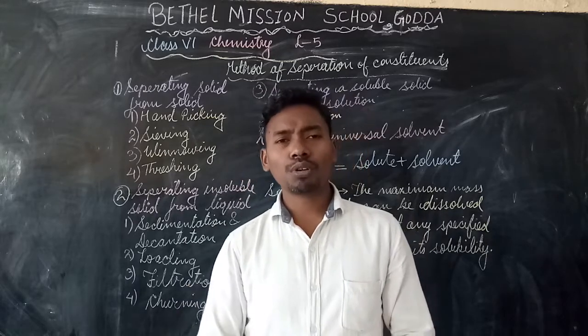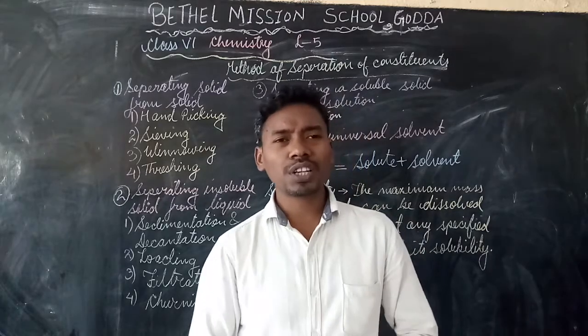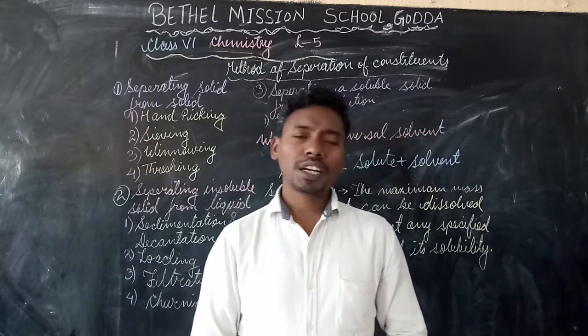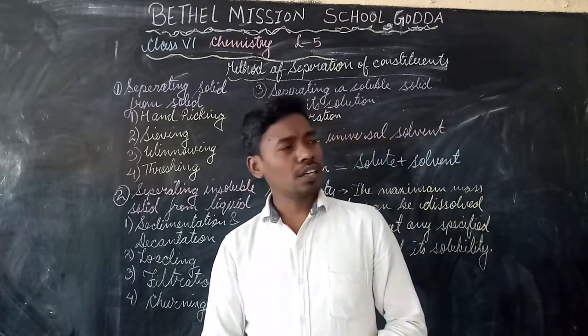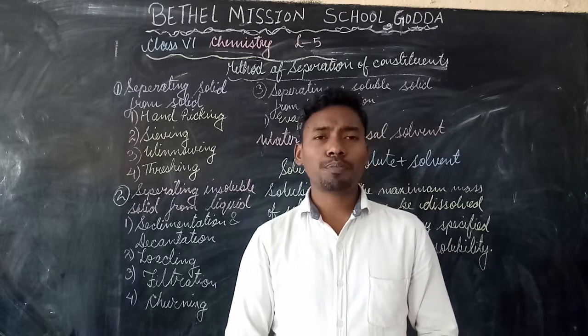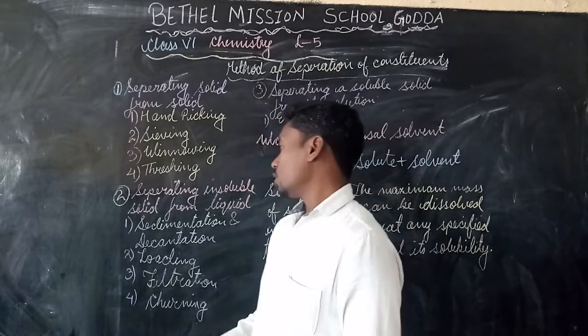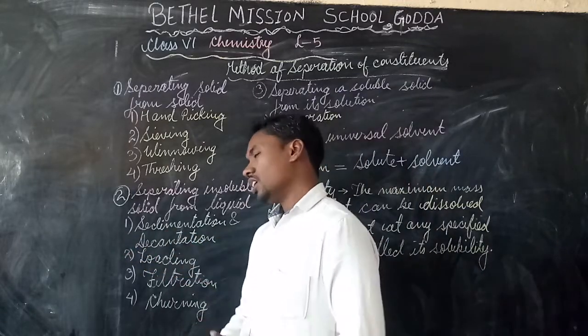So tea leaves are insoluble in water. So what to do? It has to be separated. We are not going to drink the tea leaf. Similarly, there are various processes by which insoluble solid particles can be separated. One of the very common examples is sedimentation and decantation.